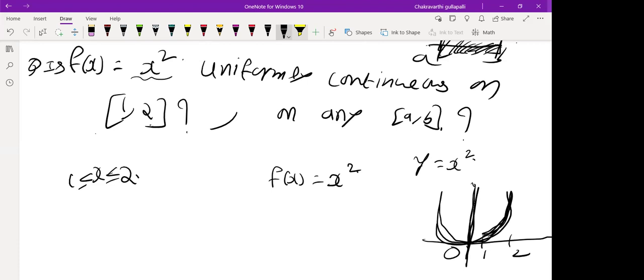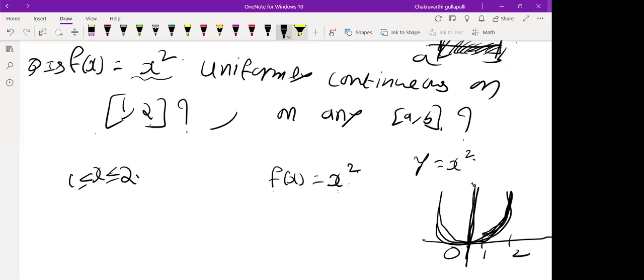Even if you don't have a graph, suppose we don't know how to draw graphs, we have to check: is it not well defined at any point? Is it becoming infinity or minus infinity at any point? No. x squared is everywhere well defined. It will never become infinity or minus infinity at any value in this interval.